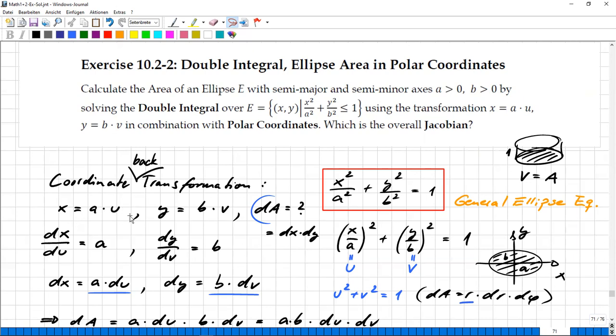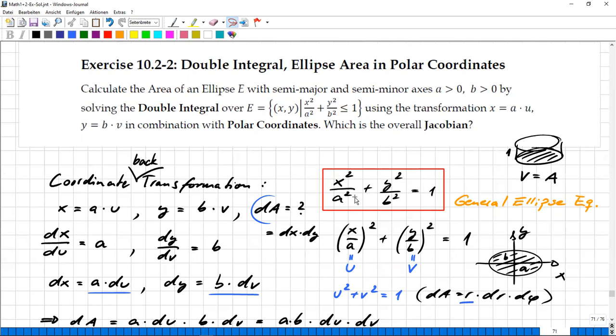Also, side remark, it's quite a simple transformation, of course, because it's simply stretching or squashing your coordinate system along the axes so that you formally transform this ellipse to a unit circle. That's what we do, actually, okay?